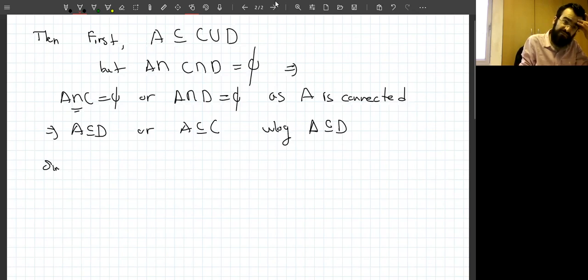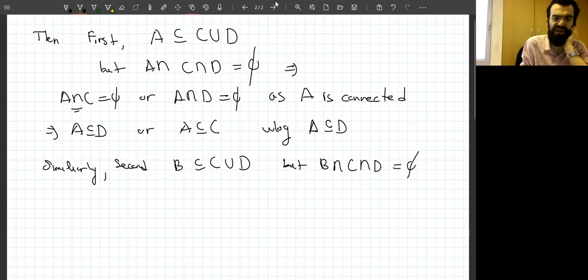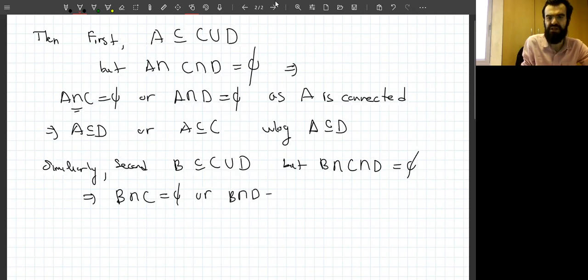Similarly, second, B is contained in C union D, but this set is also empty, which implies, as B is connected, that B intersection C is empty or B intersection D is empty. One of them must be empty.